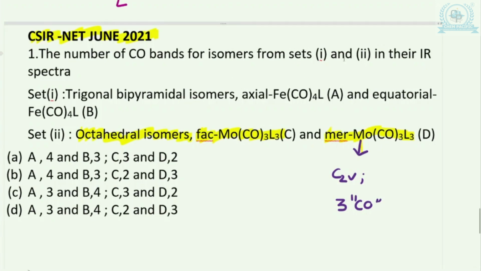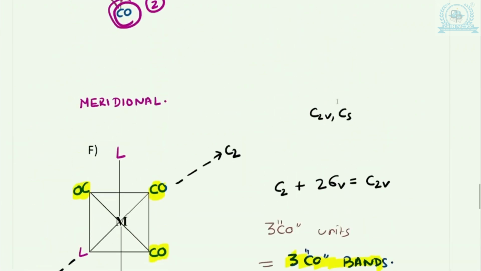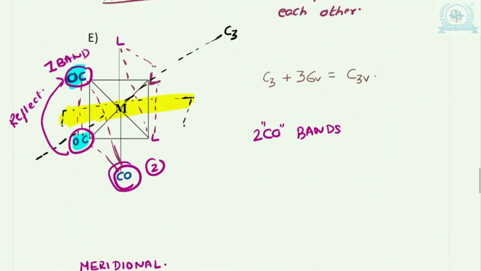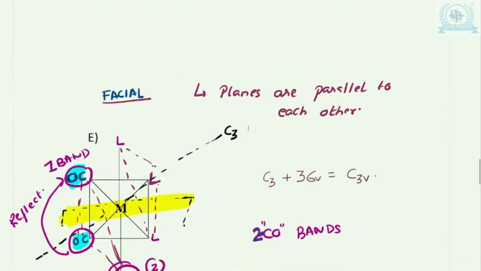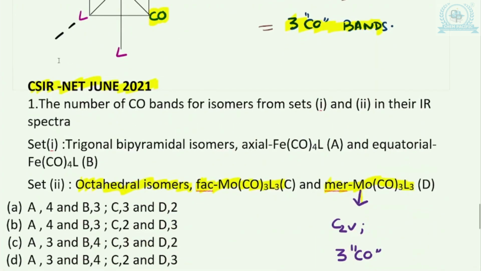And in the case of facial, let me see the facial. You are having 2 CO bands, है ना. तो facial में I already explained you there are 2 CO bands. So in the facial, and this belongs to the point group of C3v. So point group in the case of this is having the C3v, and this results in 2 CO bands.